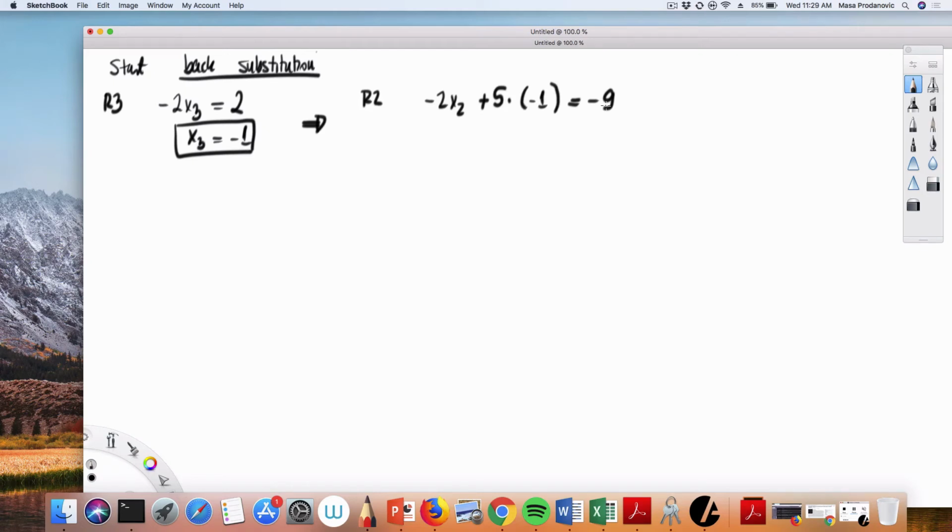And there was a 0. It's really 0 times x1, by the way. So whatever x1 might be, doesn't matter. So that basically gives me that -2x2 is equal to -4. And x2 is equal to 2.